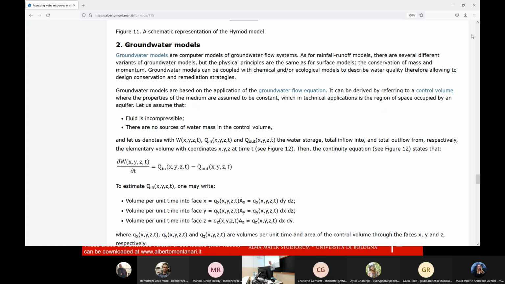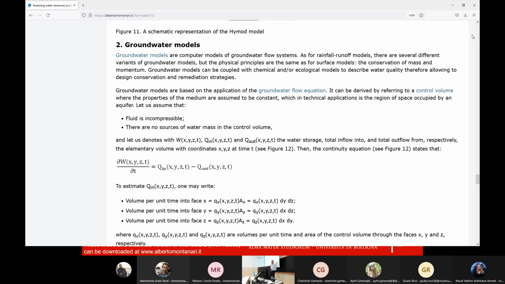When we passed to deductive methods, we again started with surface water, and then we took into consideration modeling. We talked about the rational formula, the linear reservoir, and IMOD. Now today we are introducing groundwater models. We need to understand how they work, what the principles are. You can understand that it's again a problem of a fluid that is moving.